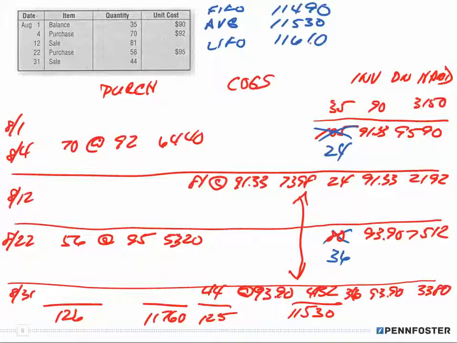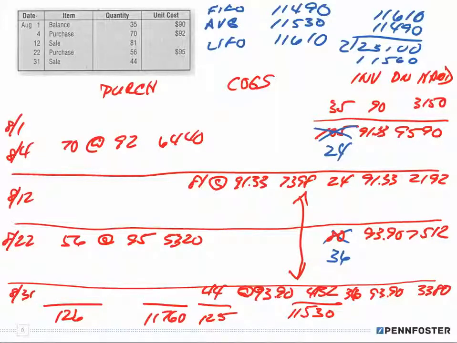Now, is it exactly in the middle? No. Okay, don't take it as I can add 11,610 and 11,490. Add those two together, 23,100, and divide by 2, get 11,560. All right. See, it doesn't average out equally.